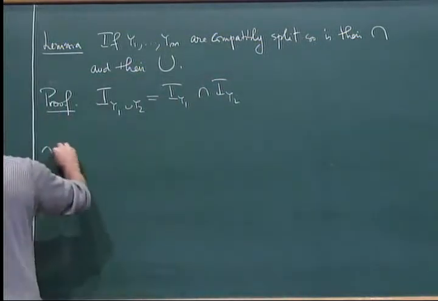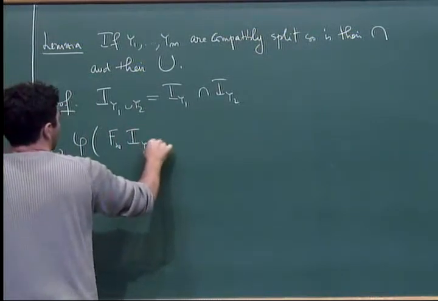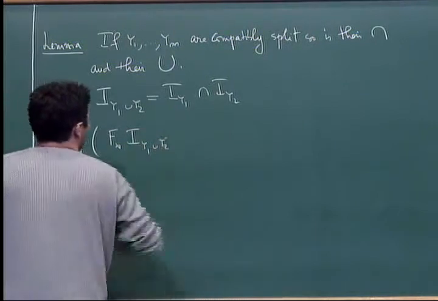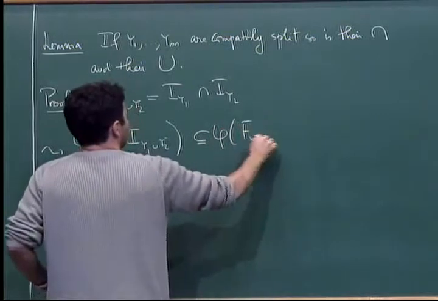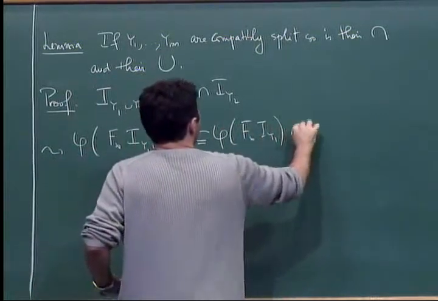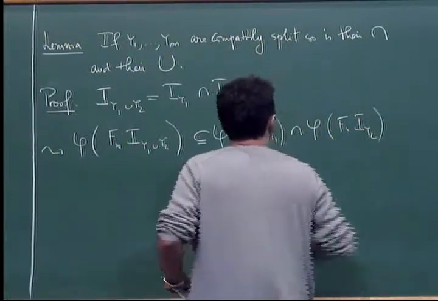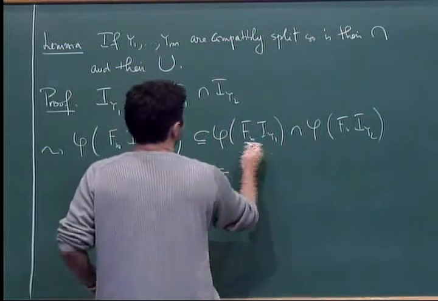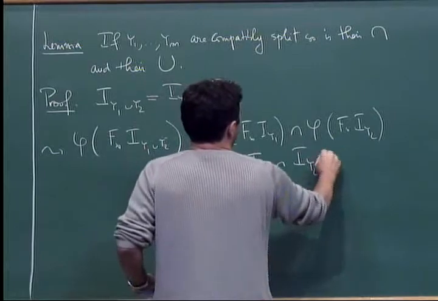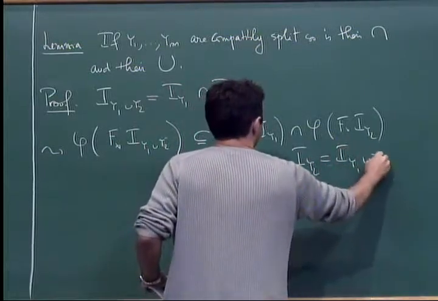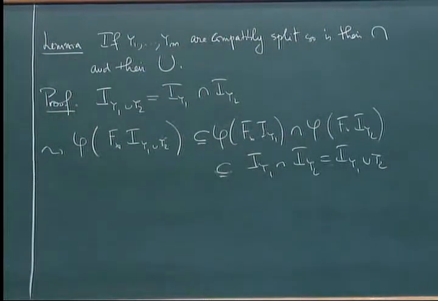So in particular, phi maps this ideal sheaf into the corresponding intersection. This is really a formal consequence of the definition, so there is essentially nothing to prove.